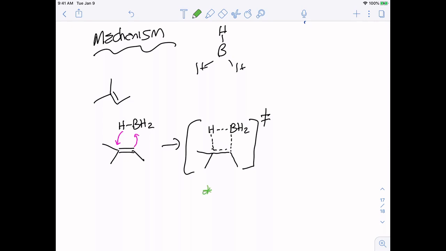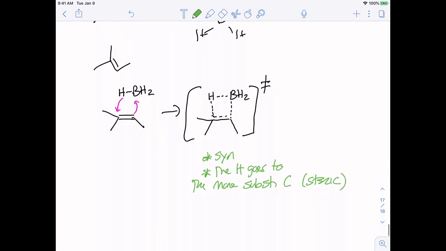So I get syn, and also the hydrogen goes to the more substituted side. It's a steric issue.